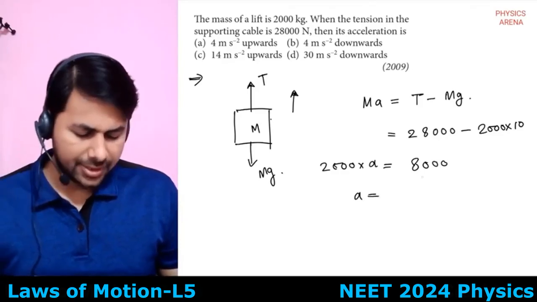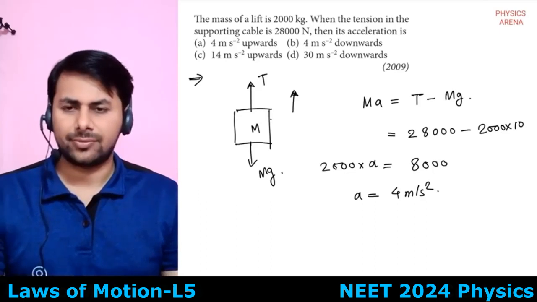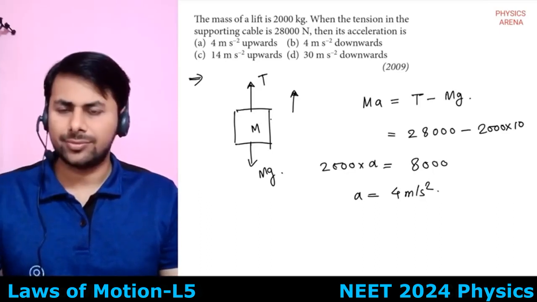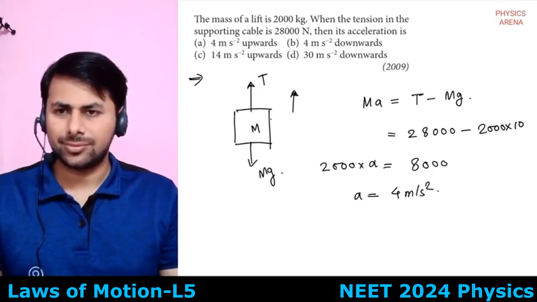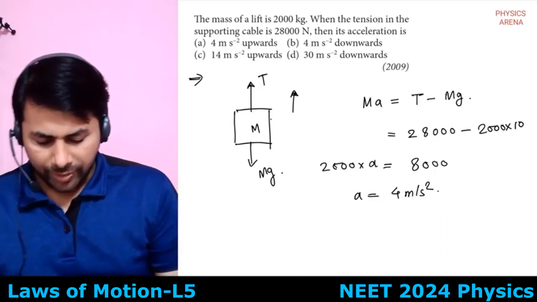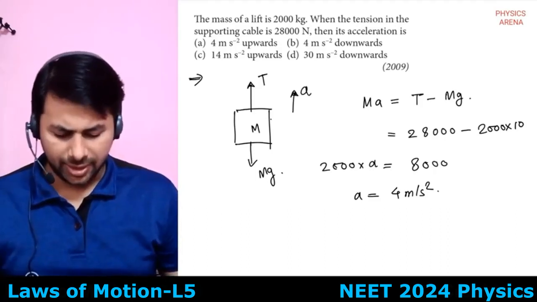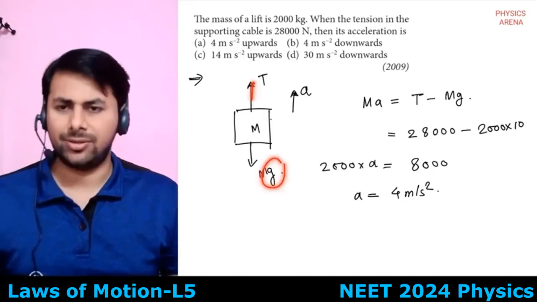Therefore, acceleration is 8,000 divided by 2000, that is 4 meters per second squared. Is it clear? We imagined that the direction of acceleration is upwards, and therefore we took T minus mg.